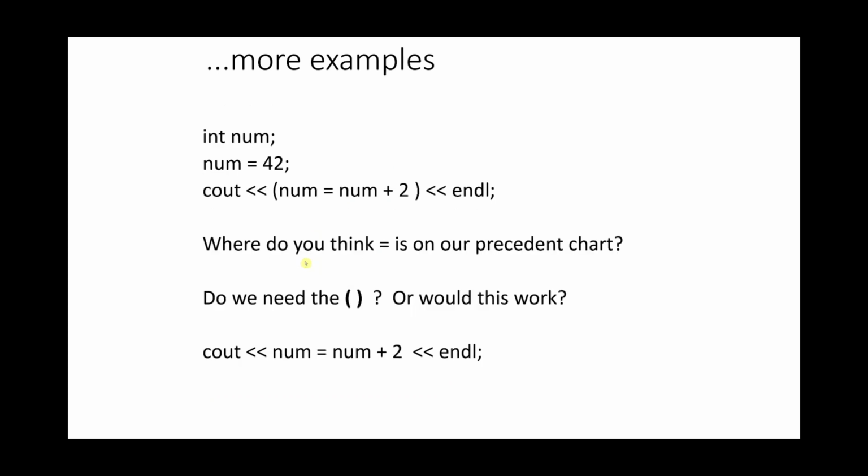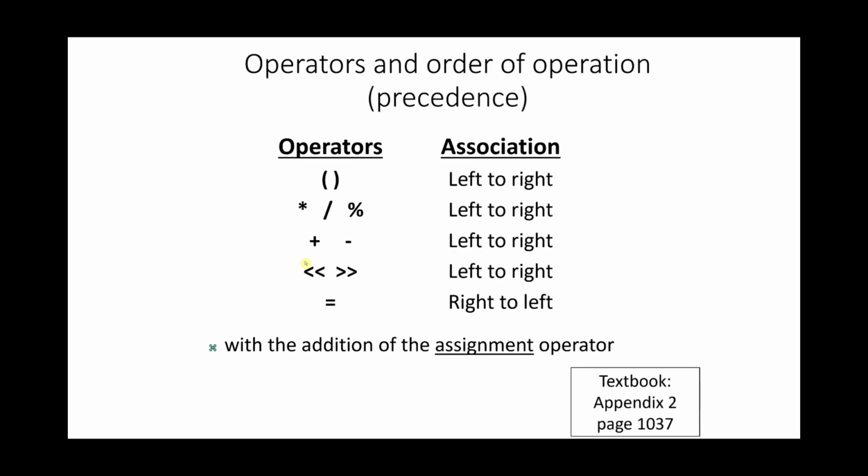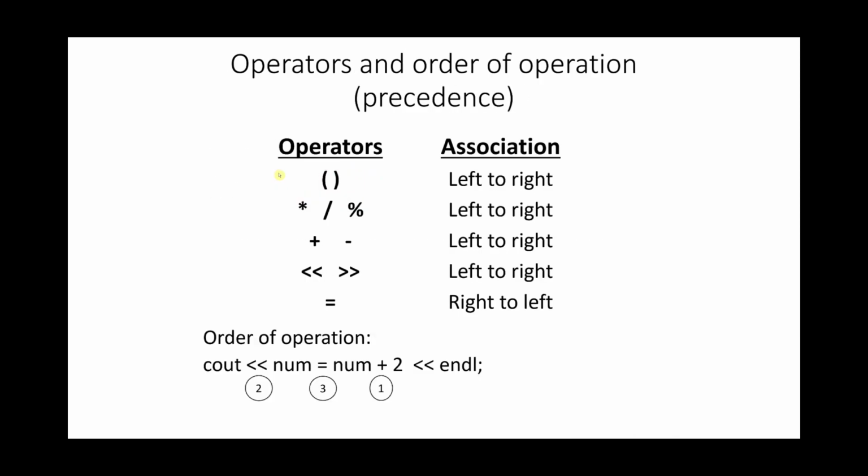Now, the parentheses always take the highest precedence. So, the parentheses come first in the calculation, then anything else. Okay. That proves it, that this is 1, then this is 2, according to this table, right?